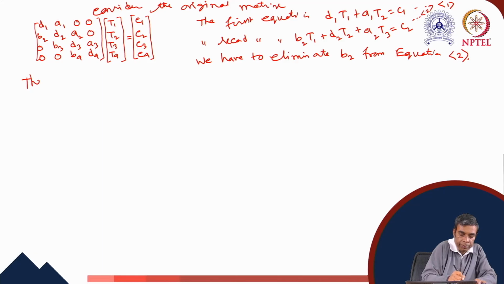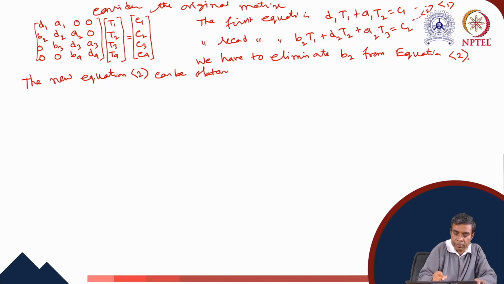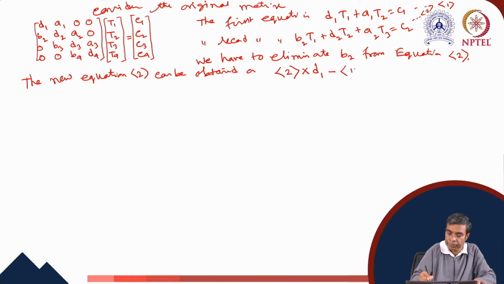The new equation 2 can be obtained as: multiply equation 2 with D1 and subtract from it equation 1 multiplied with B2.